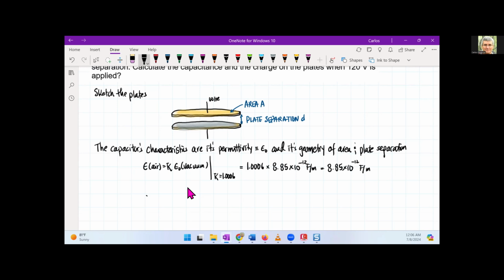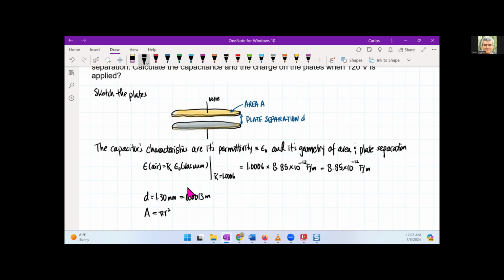Now, the plate separation is 1.30 millimeters, but we have to convert that into meters, which is 0.0013 meters. Then I look at my area, which is going to be pi r squared.